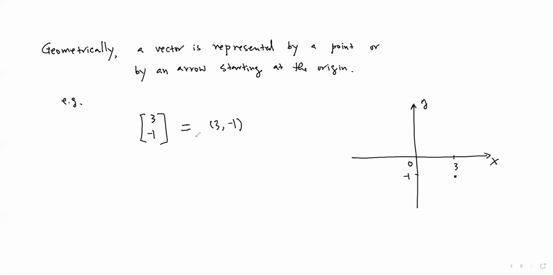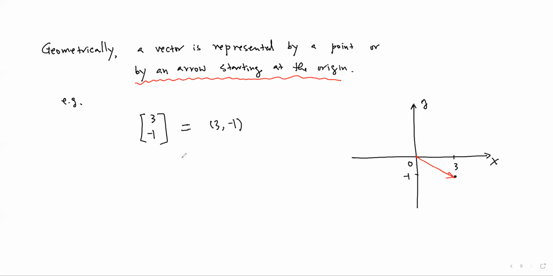Or by an arrow starting at the origin. Which arrow? This arrow starting at the origin and ending at this point. So this vector is this point. We consider them the same thing.